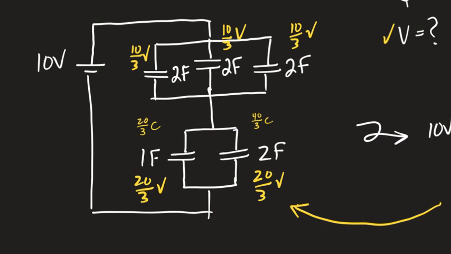So 10 thirds times 2 is going to be 20 thirds coulombs. And 2 times 10 thirds is 20 thirds coulombs. So I have found the charge and potential on each capacitor in my circuit.